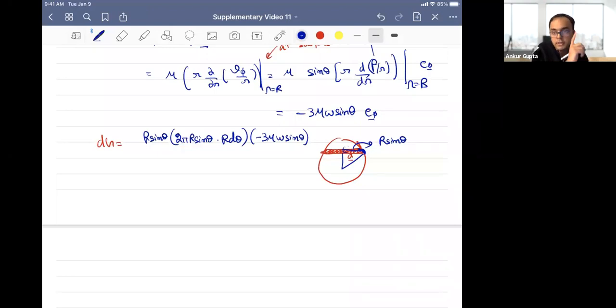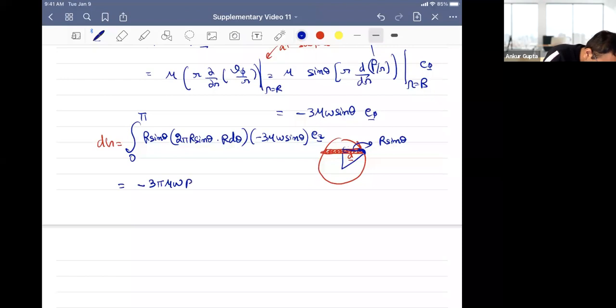I'm not worrying about the cross product because they are both perpendicular. It's d cross phi, which gives me Ez, in the z direction, the direction of rotation, which makes sense. And theta will go from 0 to pi. We won't worry about the sign because we are calculating the magnitude. This comes out to be 6 pi mu omega r cubed, integral from 0 to pi of sine cubed theta d theta.